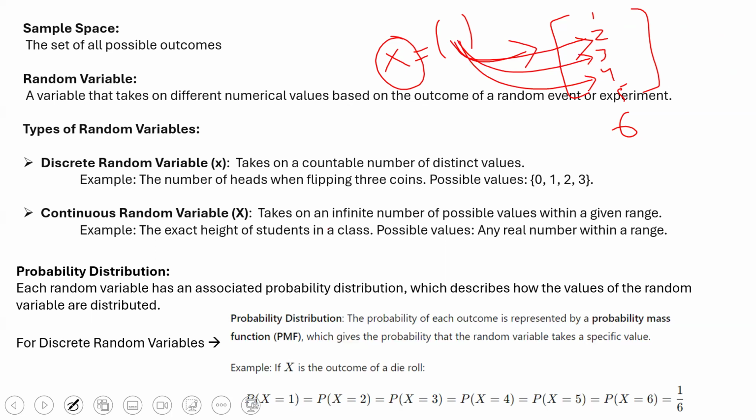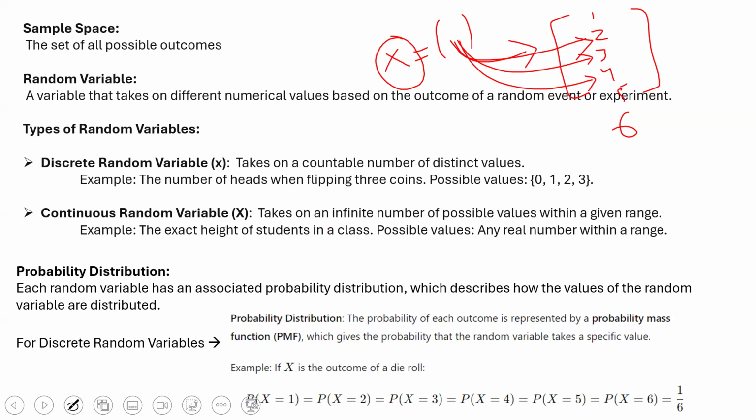What are the types of random variables? There are two types: the first is the discrete random variable and the other is the continuous random variable. A discrete random variable takes its value from defined outcomes of an experiment. The outcomes are defined, they are not infinite. If you toss a coin, it can be just tail or head, nothing other than that.